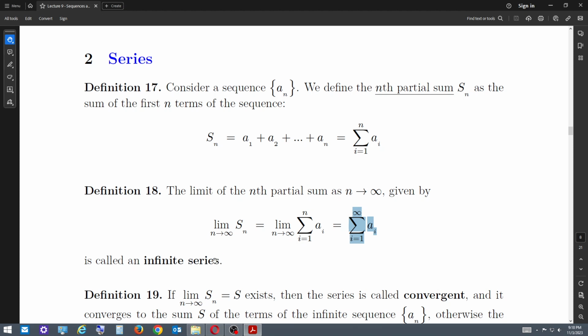So the infinite series, the limit as n goes to infinity of S_n, is written as the summation i goes from 1 to infinity of a_i. So whenever we ask for this sum, what we mean is we want the limit of S_n as n goes to infinity. This is what the summation is defined as.